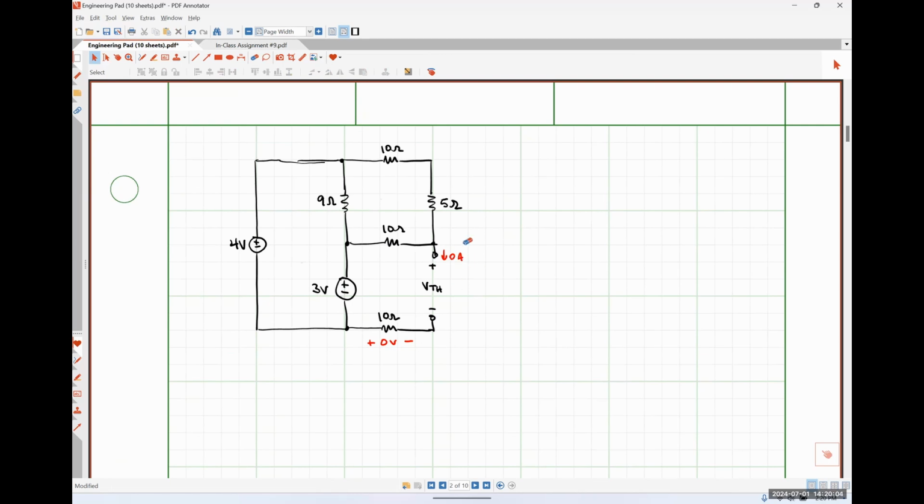I can leave my observation that a current of 0 amps is going to flow down through there, and therefore a voltage drop of 0 volts is going to occur across the 10 ohm resistor. But let's see how this is going to shake out using nodal. Okay. So I'm going to identify my nodes just really quickly here.